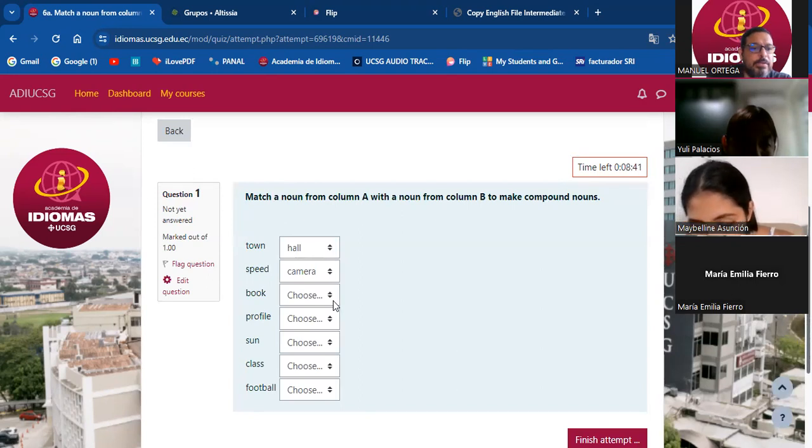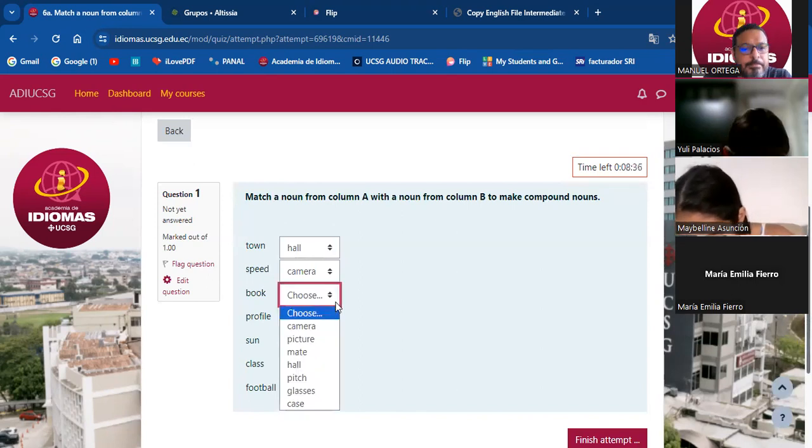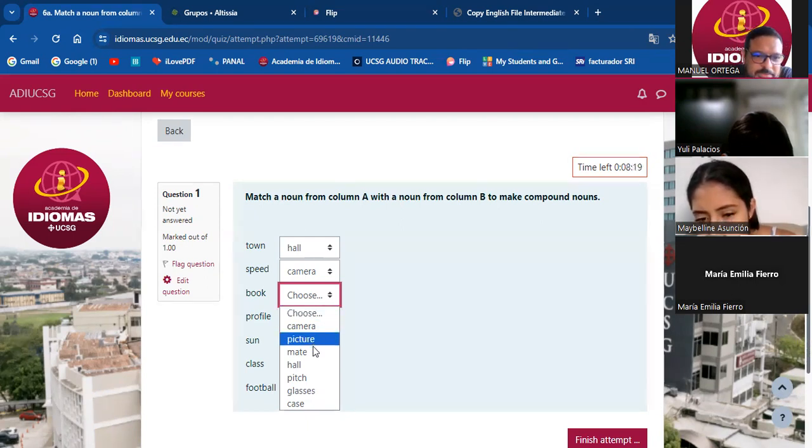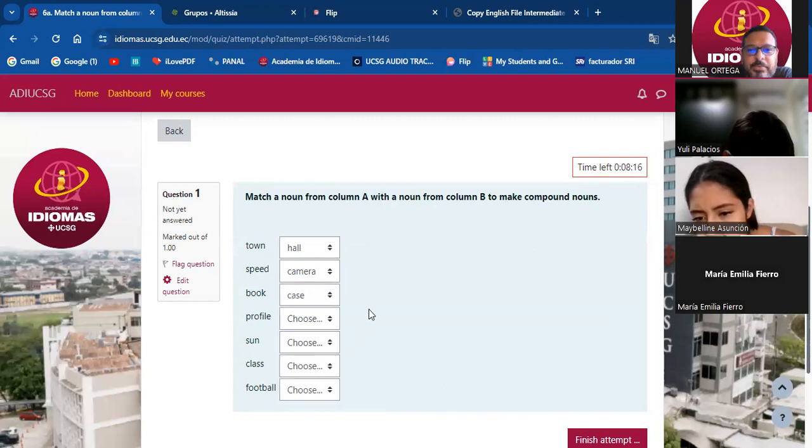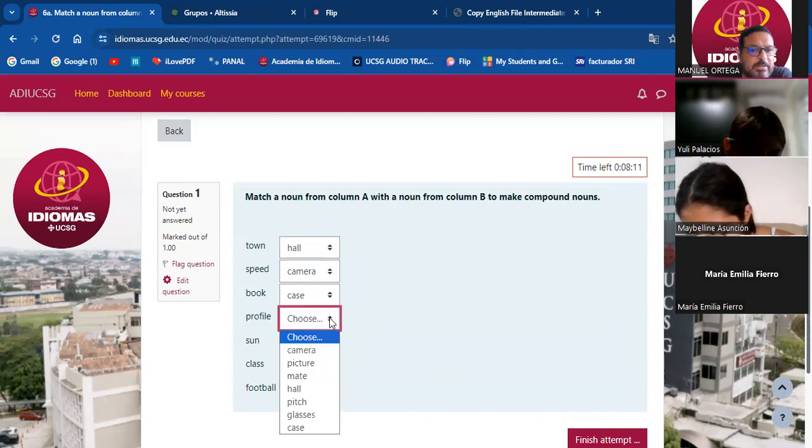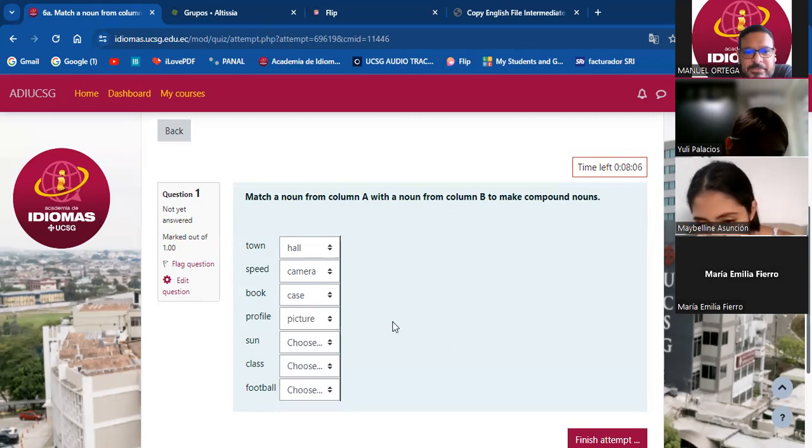Then we get book. What do we match book with? The place where you put the books. Book case. Another case. Bookcase, un librero. Then we have profile picture, exactly, for social media.